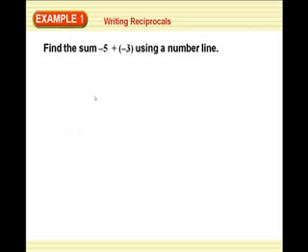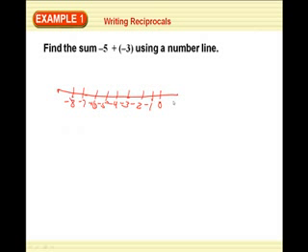So the first thing you do using a number line, we have all negatives, so let me make my number line here real quick. Okay, you start at 0 always, and the first number tells you which direction and how far you're going to move. Negatives move to the left, and positives move to the right.